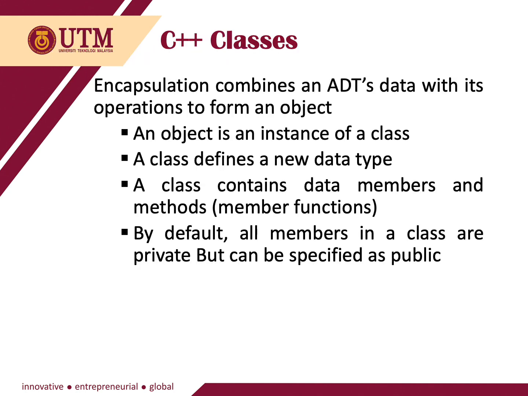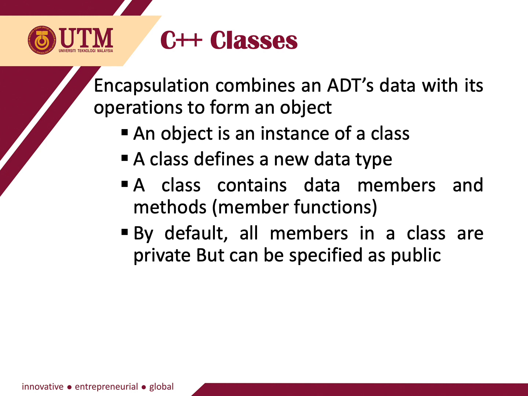Alright, C++ classes. Encapsulation combines abstract data type data with its operations to form an object. So we have the abstract data type, and we have the behavior or the function, and then we can form an object.